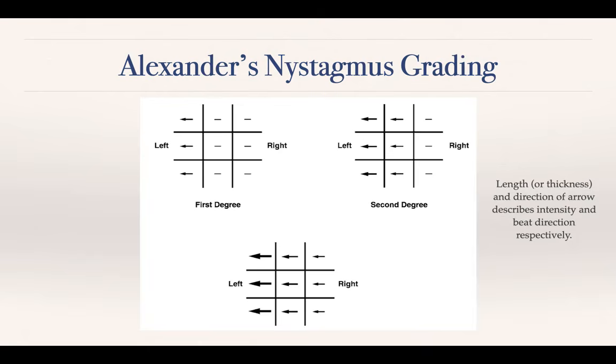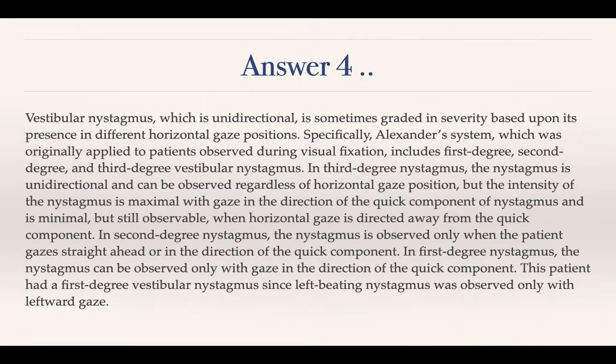So first degree, second degree and third degree. First degree in only one position, second degree in 2 gaze positions, and third degree in all the 3 gaze positions. So vestibular nystagmus, which is unidirectional, is sometimes graded in severity based upon its presence in different horizontal gaze positions.